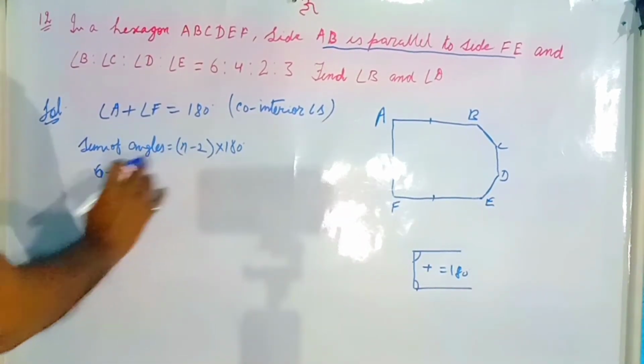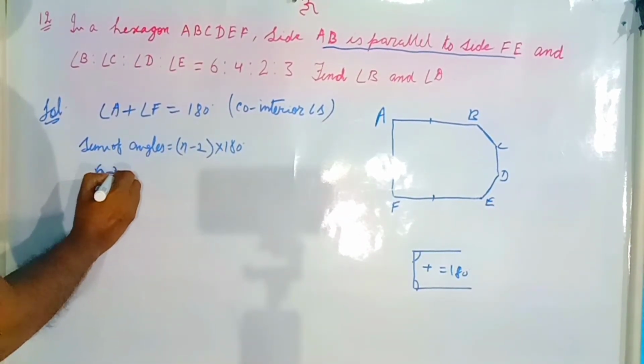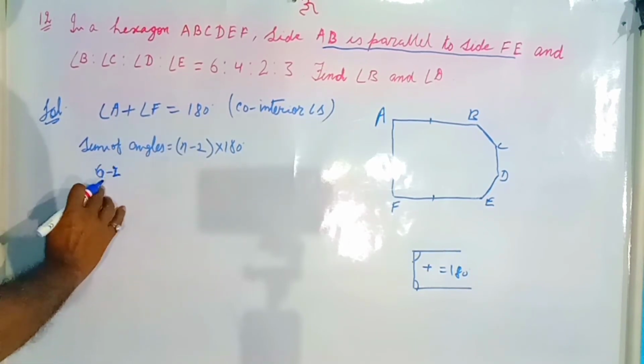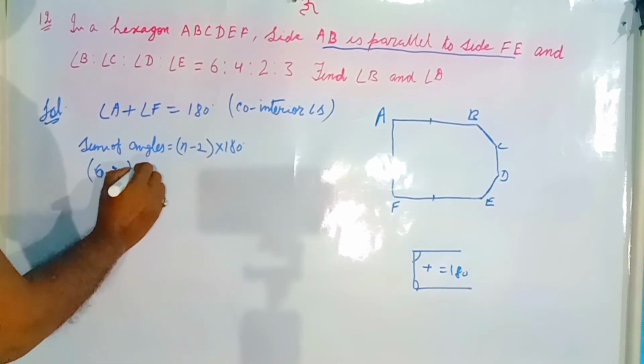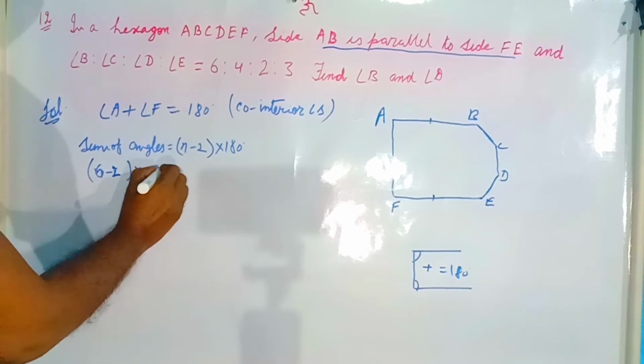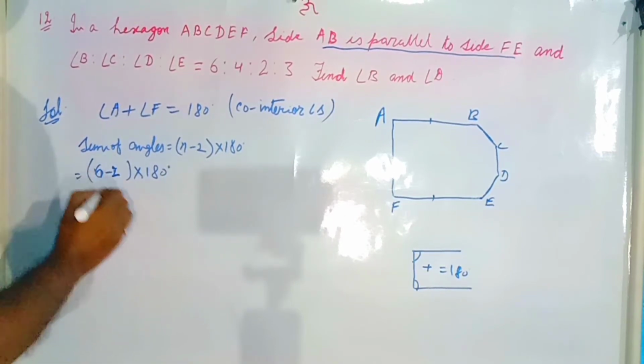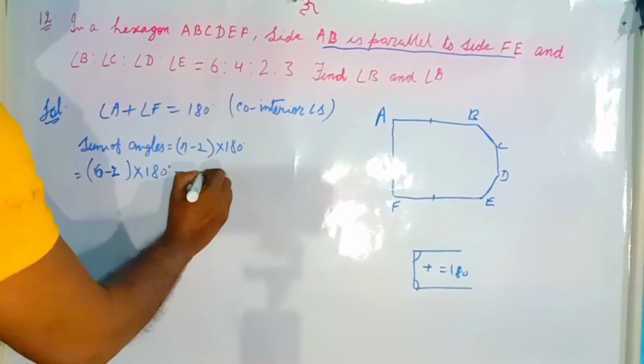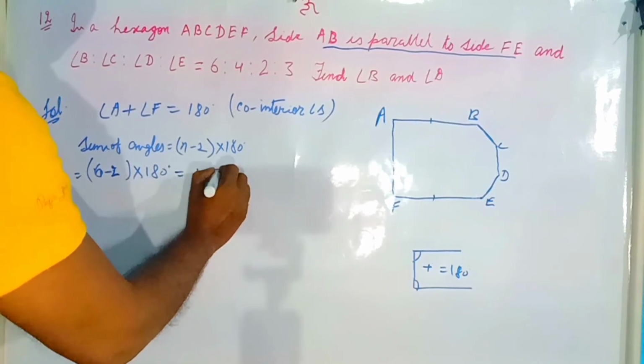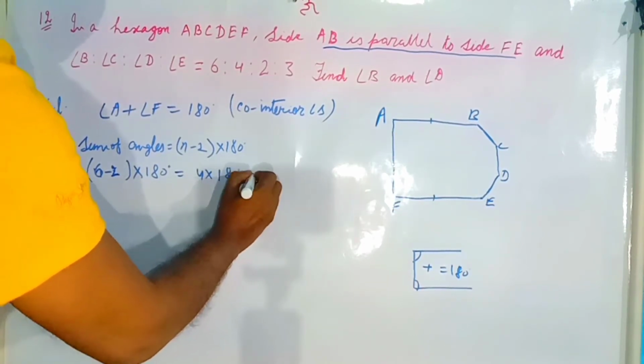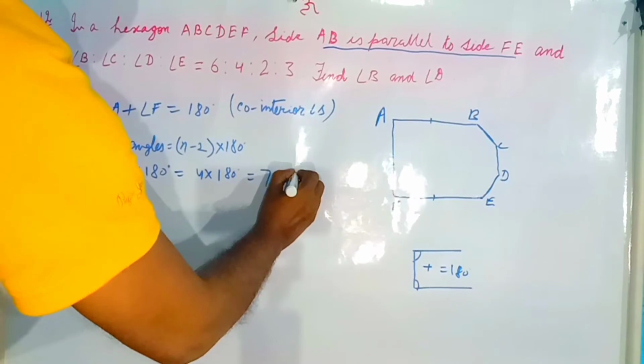Then (6 minus 2) into 180 degrees, which is 4 into 180 degrees, and then it will be 720 degrees.